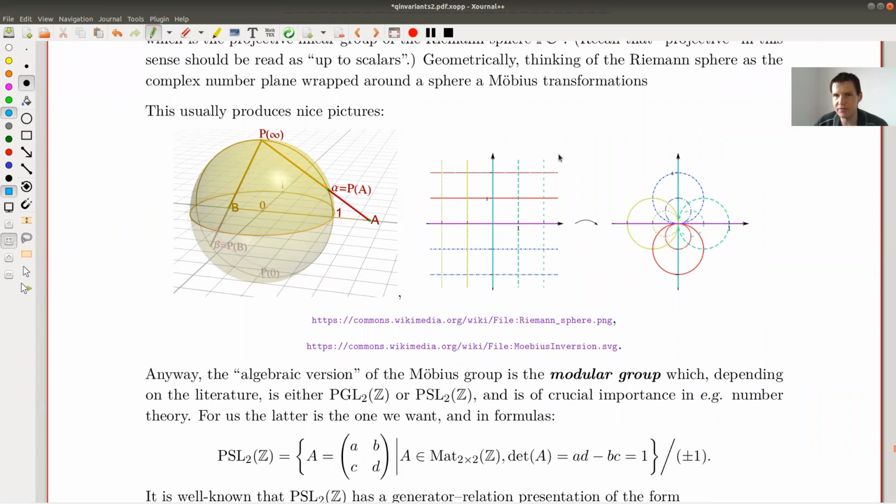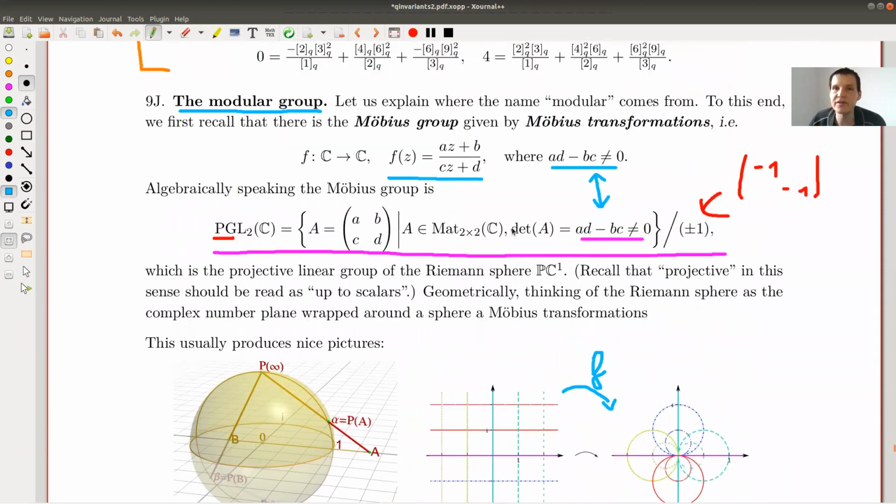So here's the Mobius transformation of C. This is one of the Mobius transformations. And Mobius transformations play an important role in Riemannian geometry and so on. Mobius was a mathematician from the 19th century, so they're pretty old, pretty well established. And this thing is just the algebraic model of the same thing.